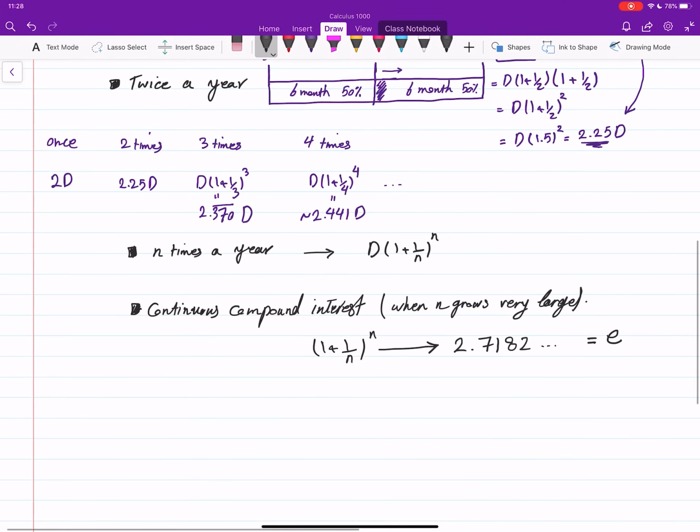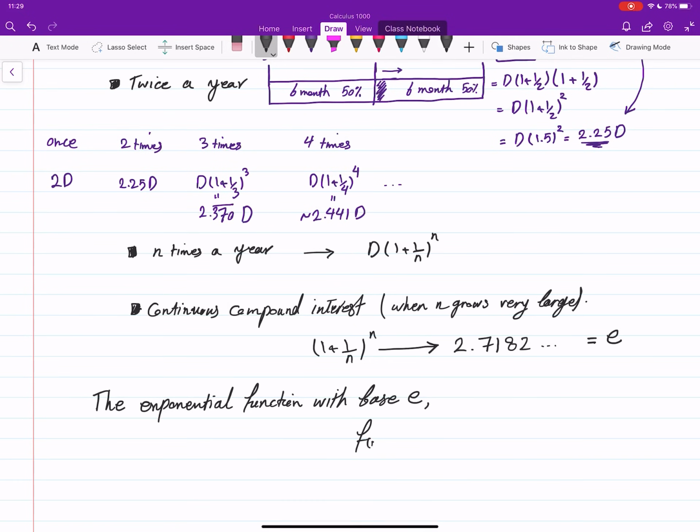Okay, so that is what E is, and then the exponential function with base E, in other words f of x equals e to the power x, is called the natural exponential function.